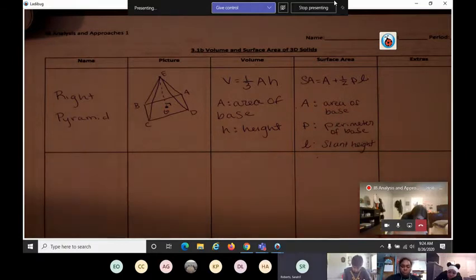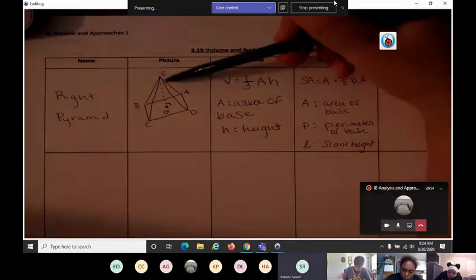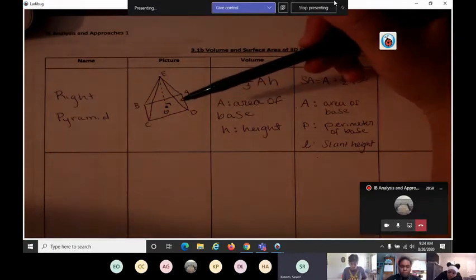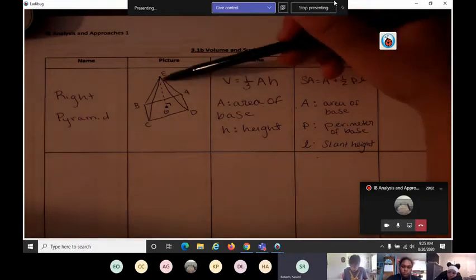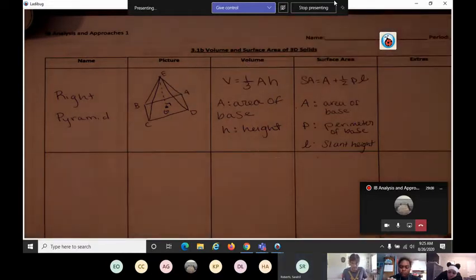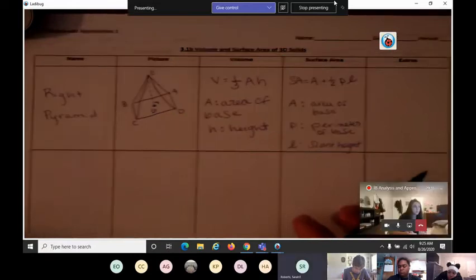Okay, your slant height is going to be the height, the line that goes along one of the faces of the pyramid. And it's obviously slanted. It's just the length from the vertex to the base, but along that slant. Questions?